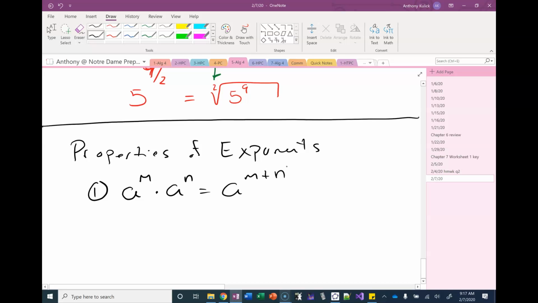If I multiply 2 exponentials together that have the same base, we add their exponents. So for example, if I have 2 squared times 2 to the 3rd, that gives me 2 to the 5th. Everybody's okay there? We've used that property a lot, right?